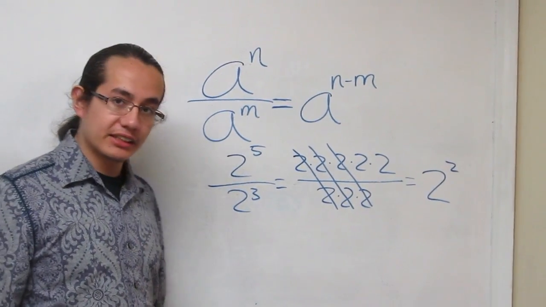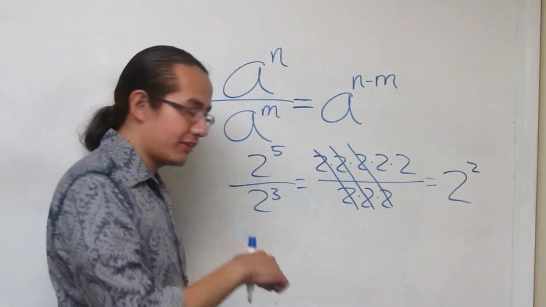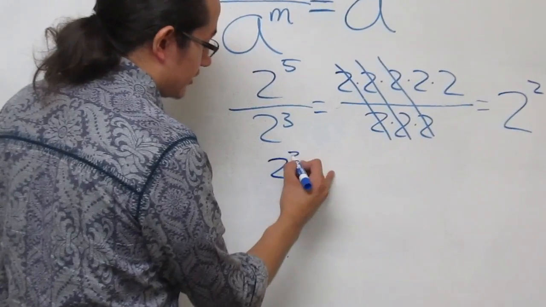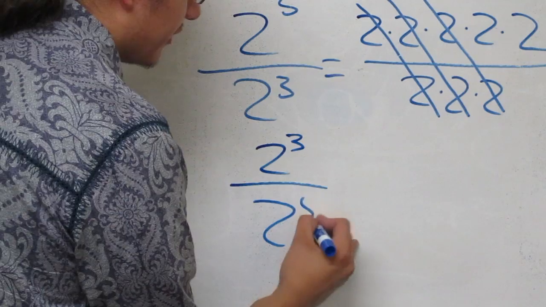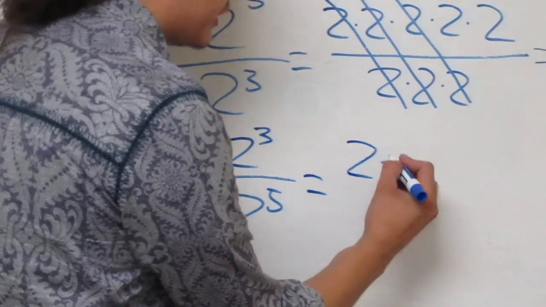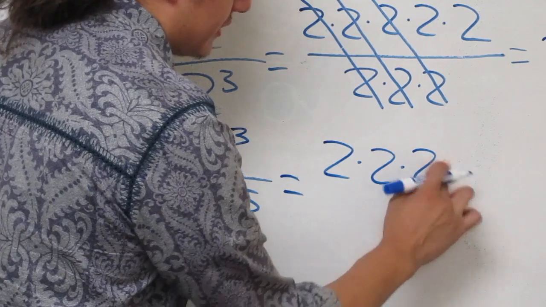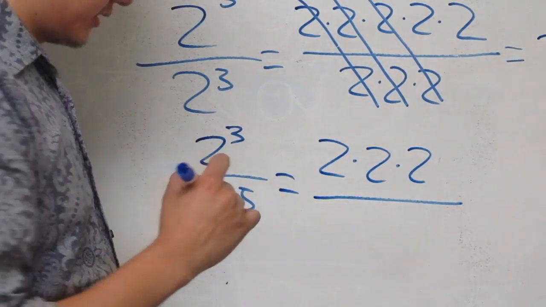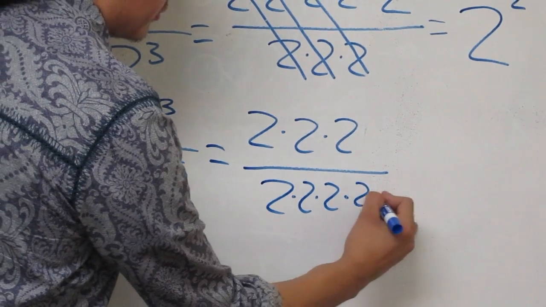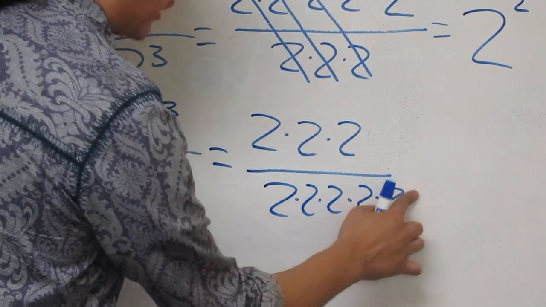But what happens in the case that, what if this was flipped? What if I had 2 cubed on top, and 2 to the 5th power on the bottom? Well, that means I have 3 2's on top over 5 2's on the bottom. Okay, that's fine.